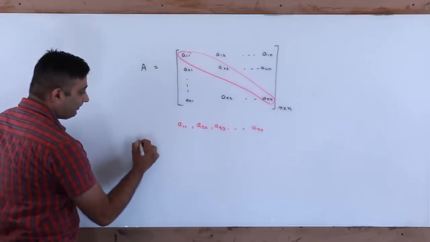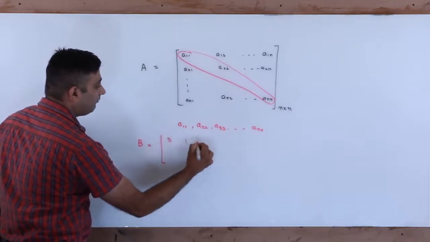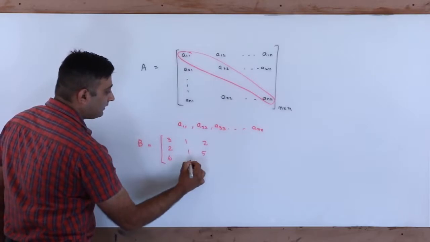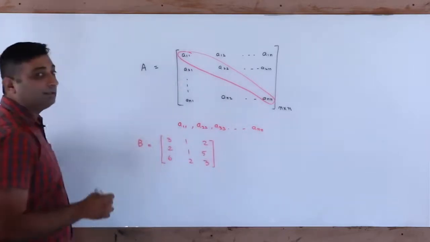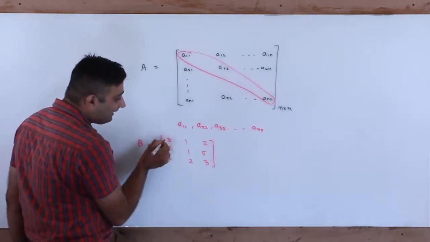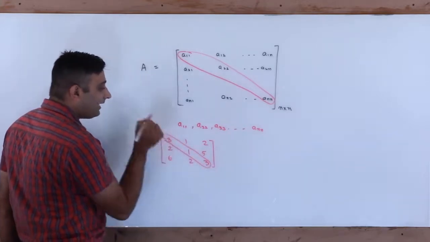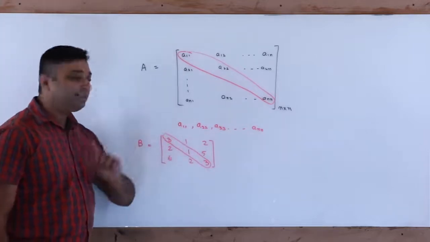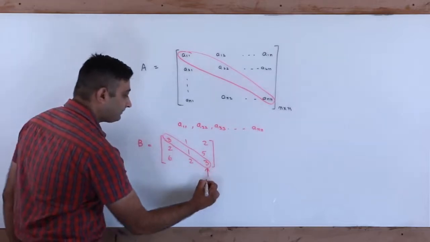Let us take an example that the matrix has elements 3, 1, 2, 2, 1, 5, 6, 2, 3. For a diagonal to exist, the matrix must be a square matrix. Hence, the diagonal elements are these 3, 1 and 3. That means A11, A22 and A33 elements constitute a diagonal of this matrix.